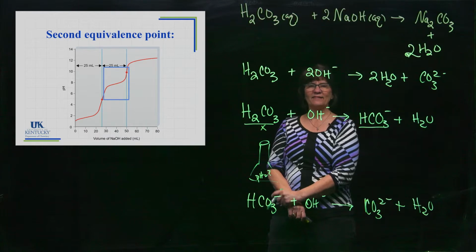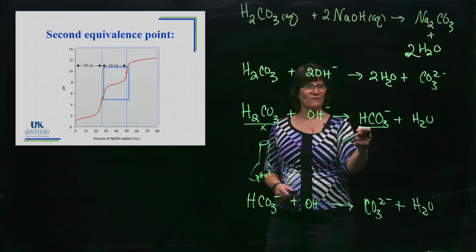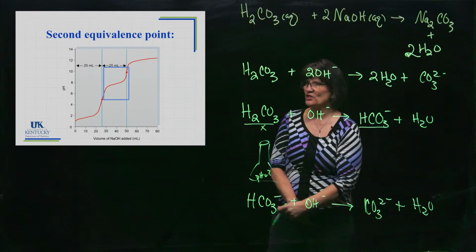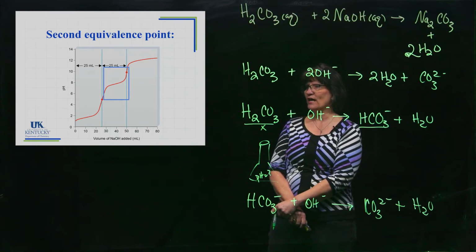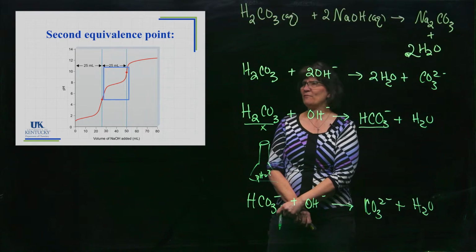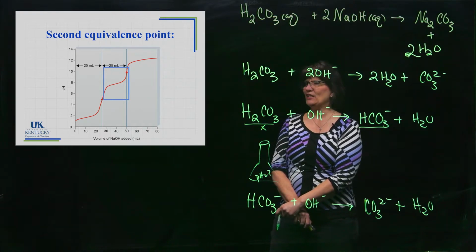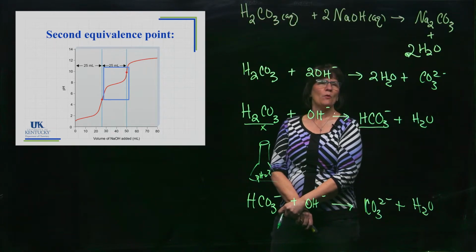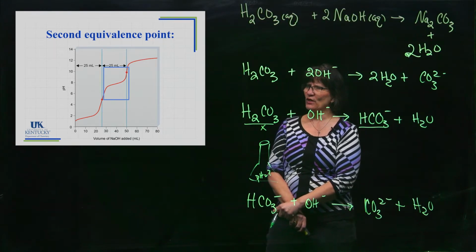It's going to take the exact same amount of hydroxide to reach that first equivalence point as it does to reach the second equivalence point. And we see in our diagram there, it took about 25 milliliters for each of those. So that's how it changes. Now, what do I expect you to know about the titration curve?